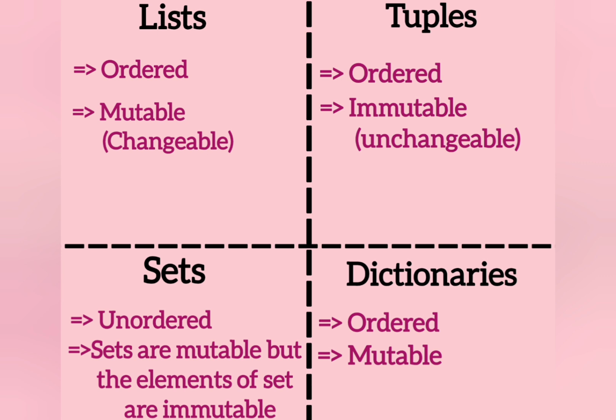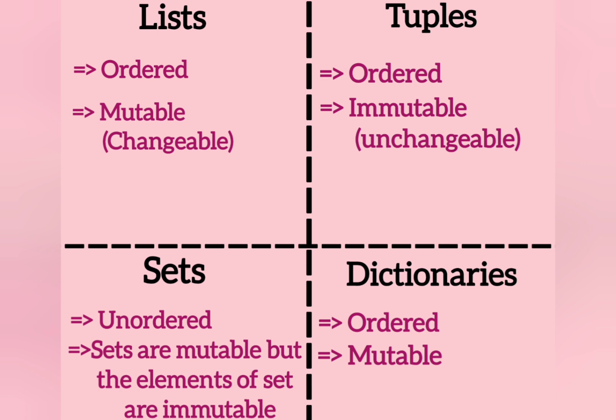Now the main difference between all of these is that a list is mutable, that is, we can change the elements of the list. The next video on this channel will be on the functions of list, in which I will discuss how we can change a list, how we can add an element, how we can remove an element, and so on. So list and dictionary are both mutable.